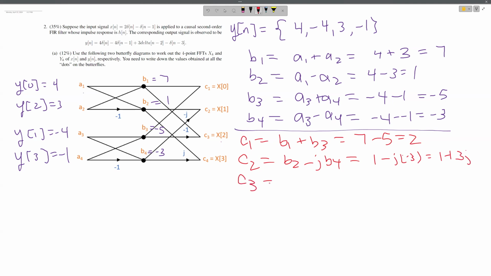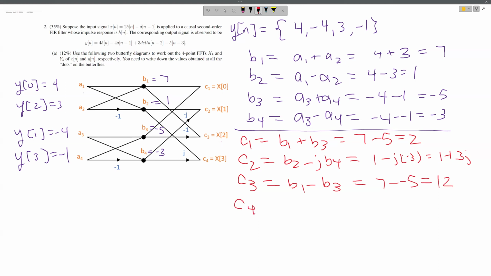Next, C3 gets contributions from B1 plus its contribution from B3, but this sign will be flipped, so it'll be B1 minus B3, which is 7 minus -5 equals 12.